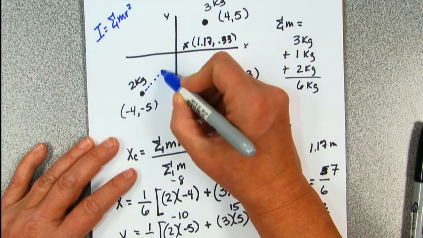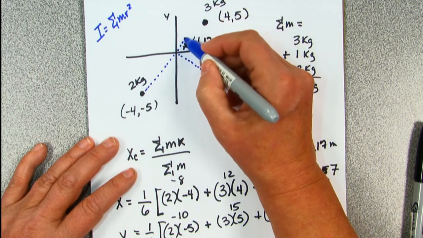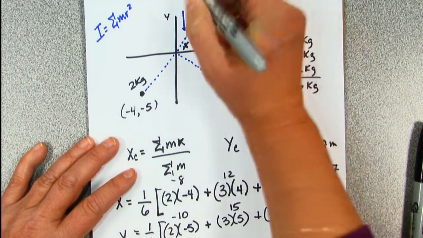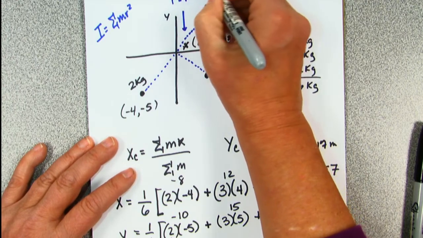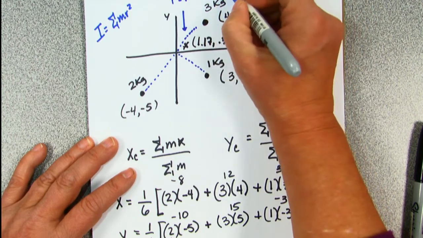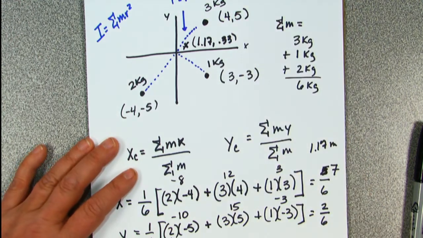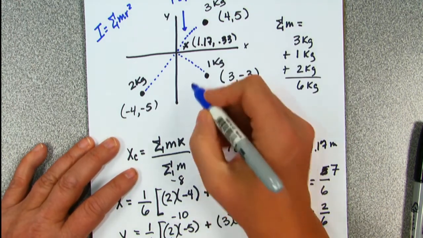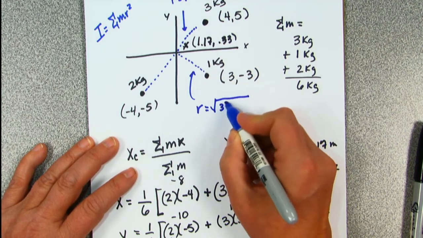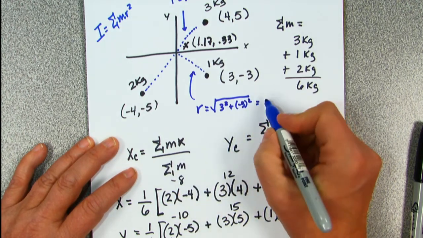My r is to the origin. So this r is going to be the square root of 4 squared plus 5 squared. If I do that, this is like 6.4. This r is the square root of 3 squared plus minus 3 squared. And that should give me like 4.2.